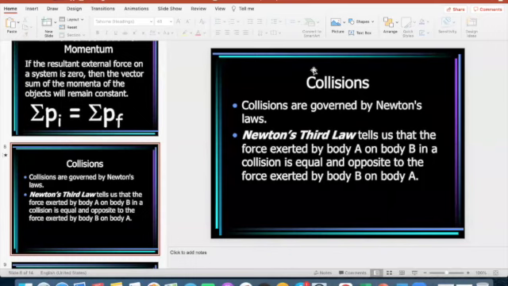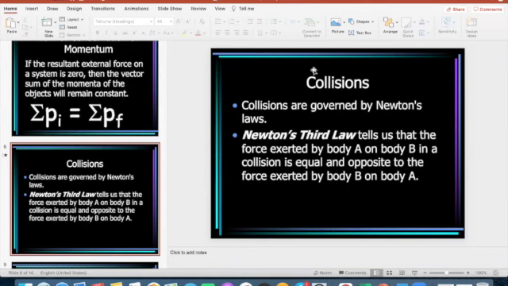All right, we will also be discussing collisions here in chapter 6. Collisions between objects are governed by Newton's laws, more specifically, Newton's third law of motion, where every action is met with an equal and opposite reaction.